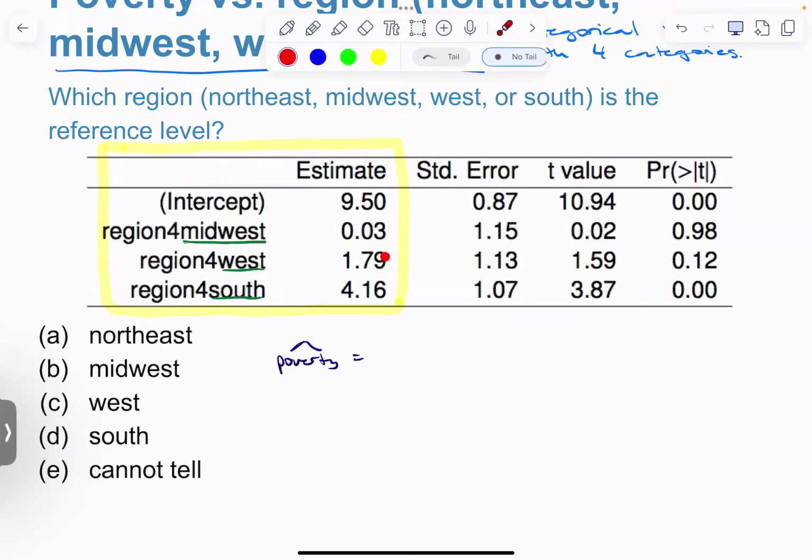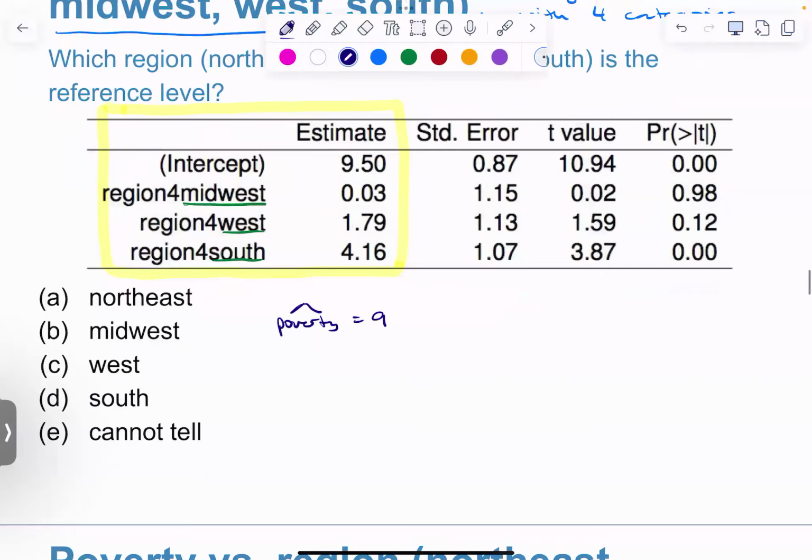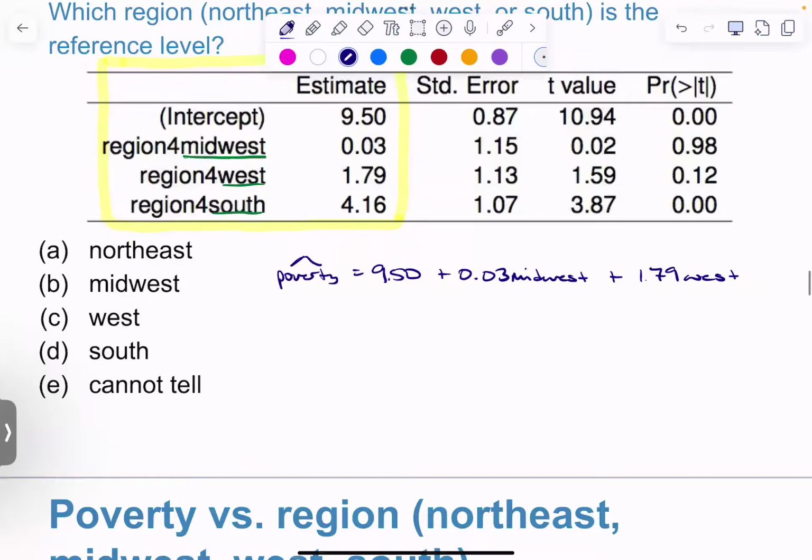But these are all adding. 1.79 times the West and plus 4.16 times the South. So you get 9.5 plus 0.03 times the Midwest plus 1.79 times the West, and then my last one doesn't really have room, plus 4.16 times the South.